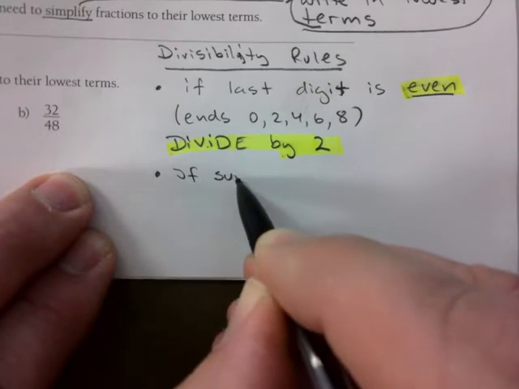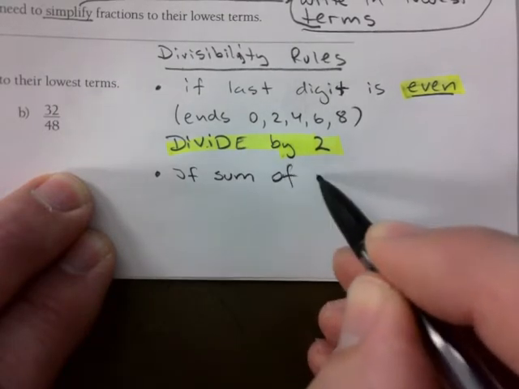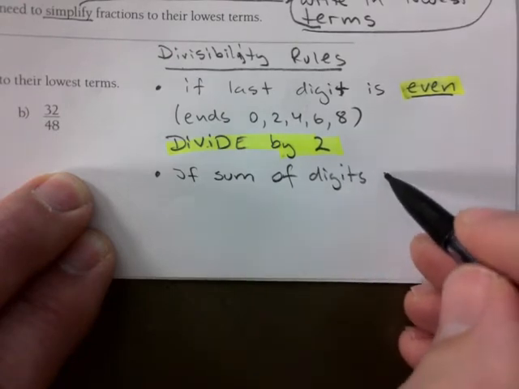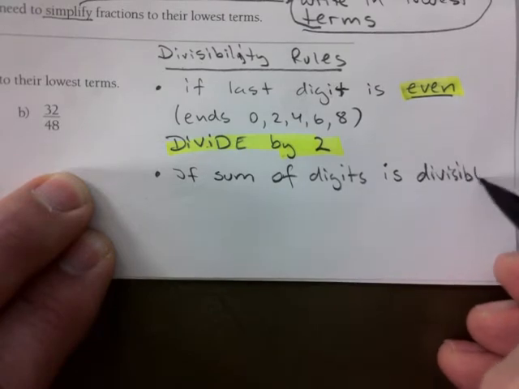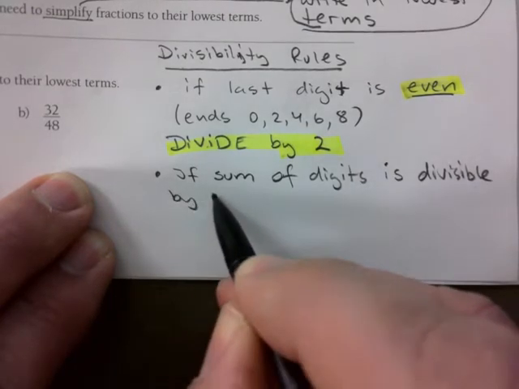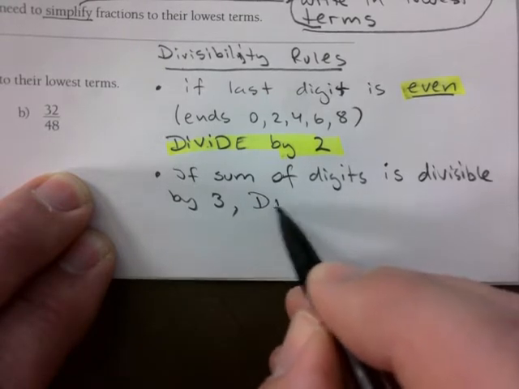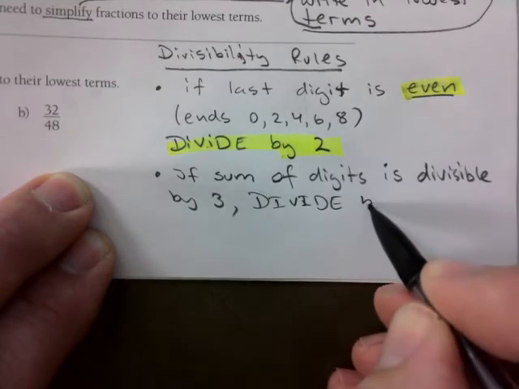If the sum of digits is divisible by 3, then we divide by 3.